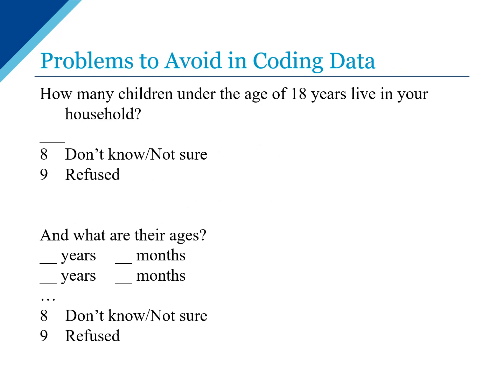There are some problems to avoid in encoding data. For instance, you want to make sure that if you are including code values for missing data, those values are not equivalent to a valid value in the data. In this example, don't know or not sure is missing data coded with the value 8, and refused is missing data coded as 9.